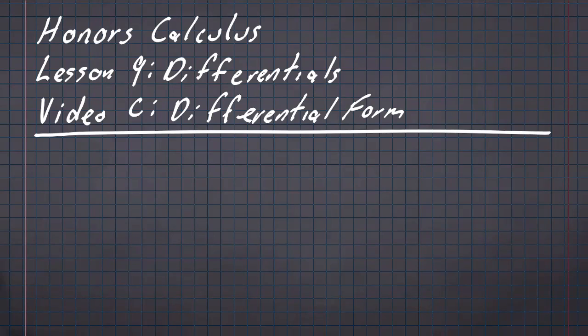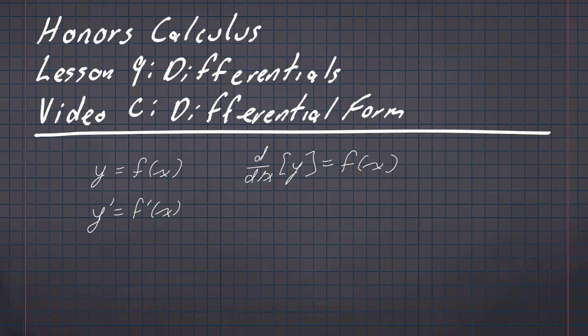So if we have y equals f of x, we have so far said that, getting ahead of myself, y prime is f prime of x, or if we wanted to be specific that we were performing a derivative, d over dx of y is equal to f of x.